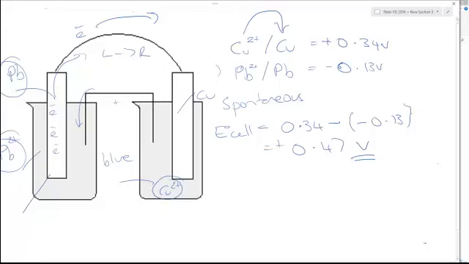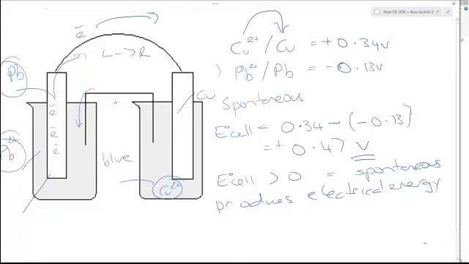It is volts. Okay? Now, talking about that, you need to look at how the E0 cell that's greater than 0 will be spontaneous. Equals spontaneous, it's a shorthand, and therefore it produces electrical energy, and electrons are free to move.